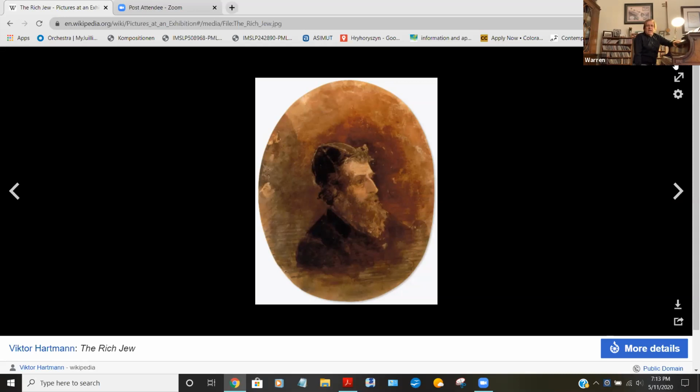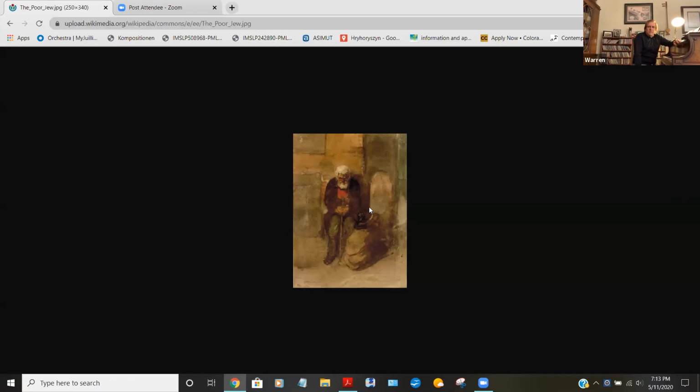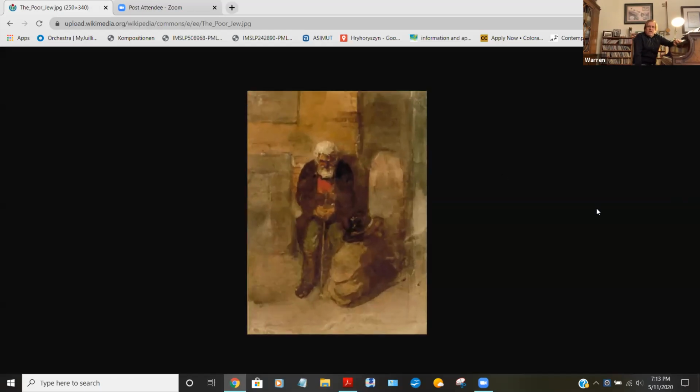And the idea is you're looking at a wealthy Jew, and it contrasts with the look of the second Jew, who, if you come in, you could see the kind of hunched over manner, the poor guy.